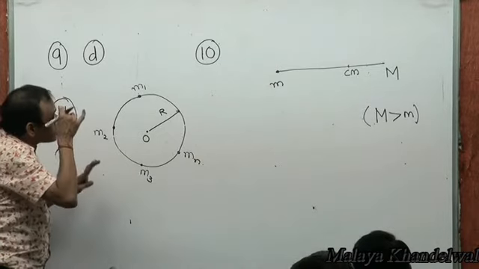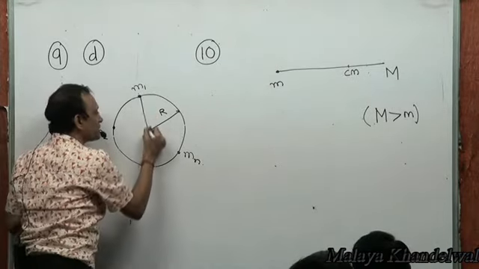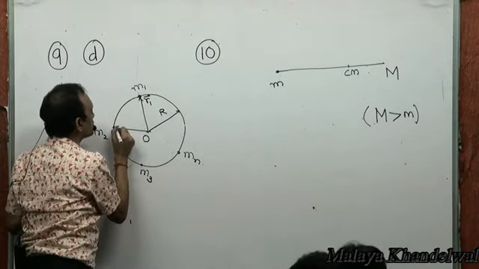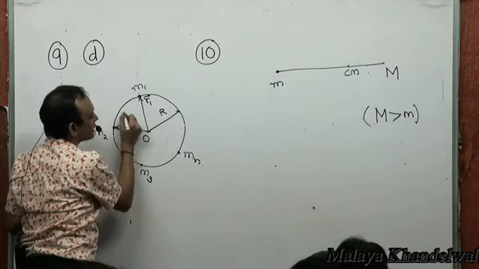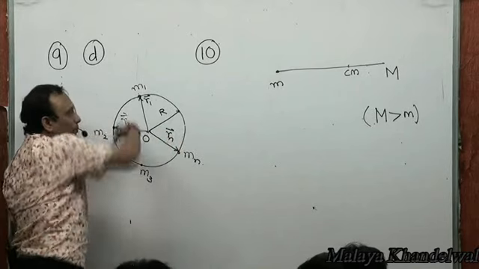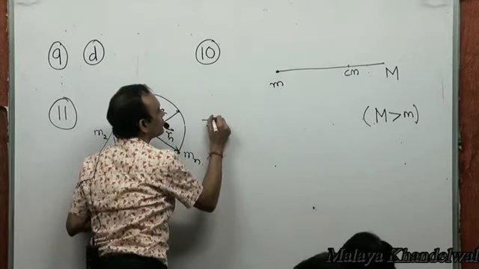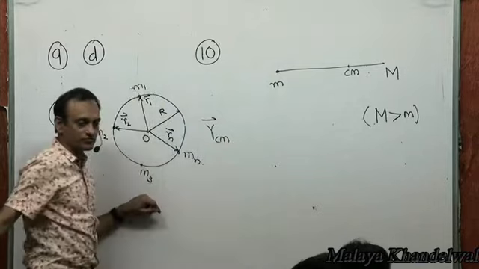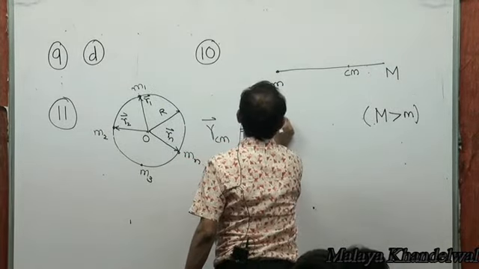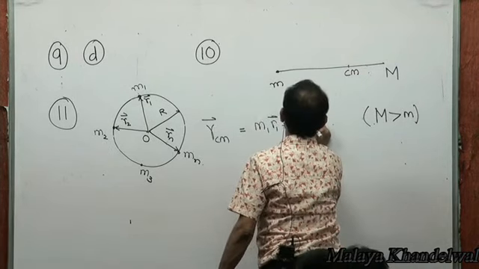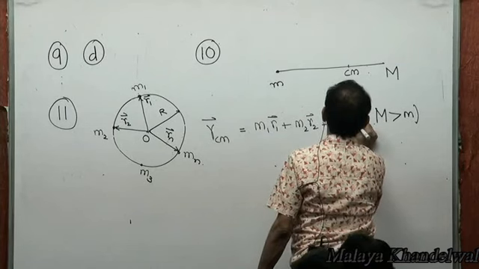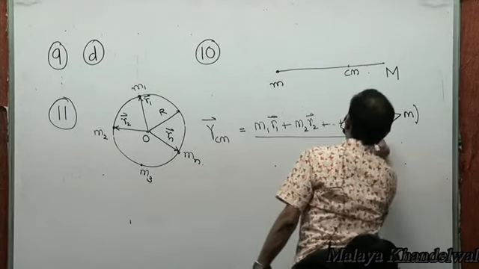So just to take stock of things, position vector of m1 is r1, position vector of m2 is r2, and so on and so forth, mn is rn. So the position vector of the center of mass, just to give you a formal take on this, is going to be what? m1 r1 plus m2 r2 plus mn rn divided by m1 plus m2 plus mn.